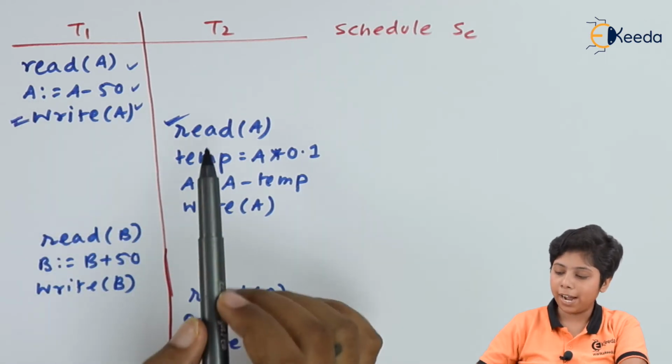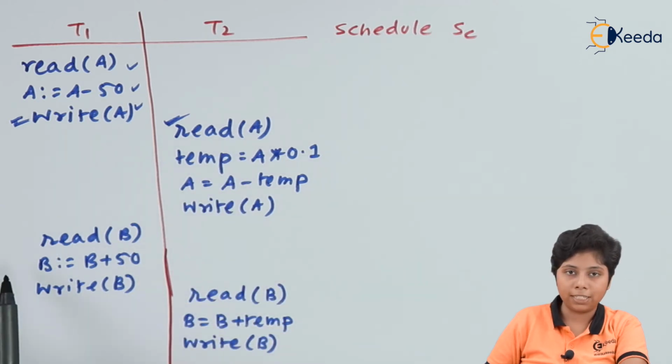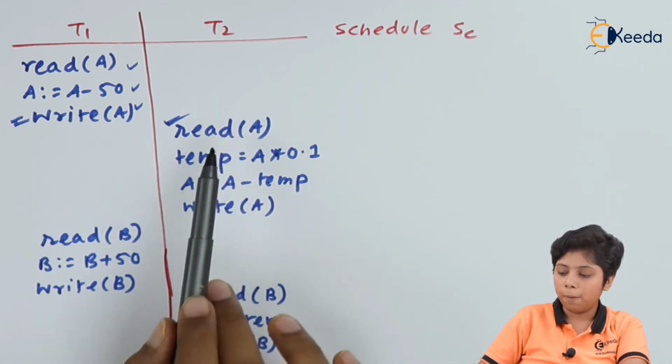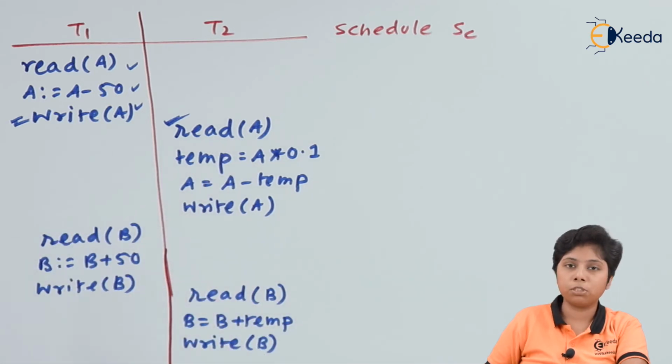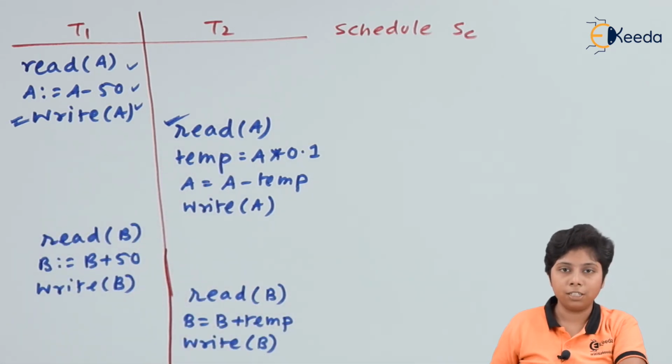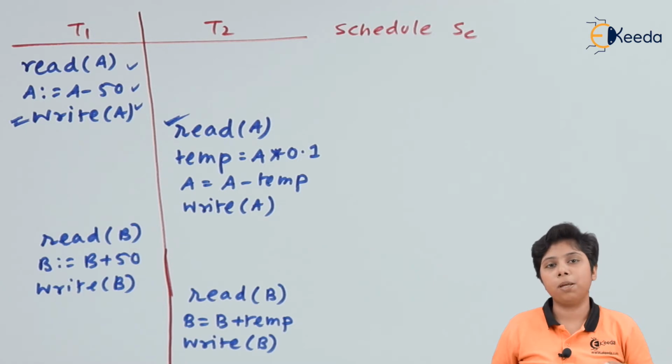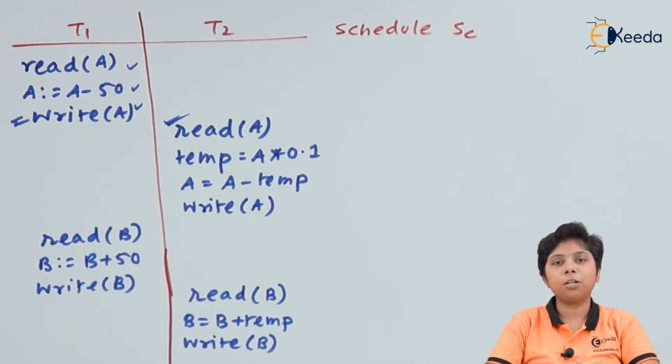That means if we had this read A, after that write A, or this one preceding this read A, or read A and read A come hand in hand with each other, then there will be a problem and we cannot consider that a part of this concurrent execution.